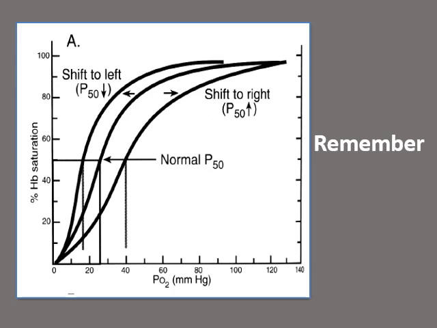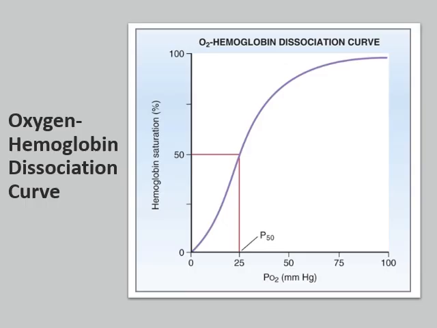An increase in the P50 reflects a decrease in the affinity and represents a shift to the right of the oxygen dissociation curve. And a decrease in the P50 reflects an increase in the affinity and represents a shift to the left in the oxygen dissociation curve.